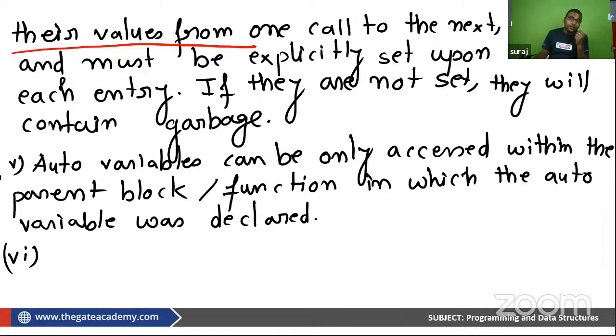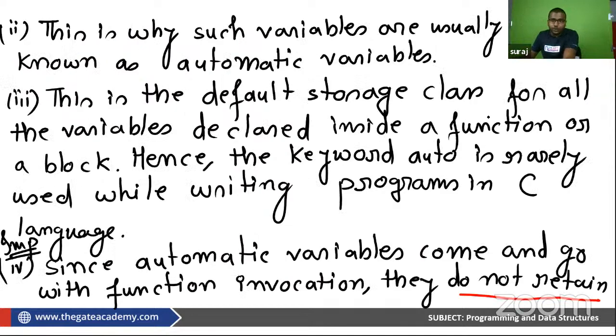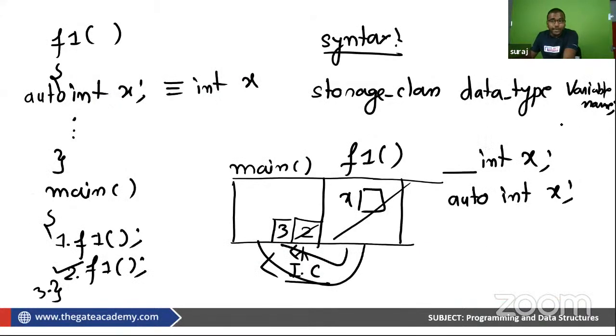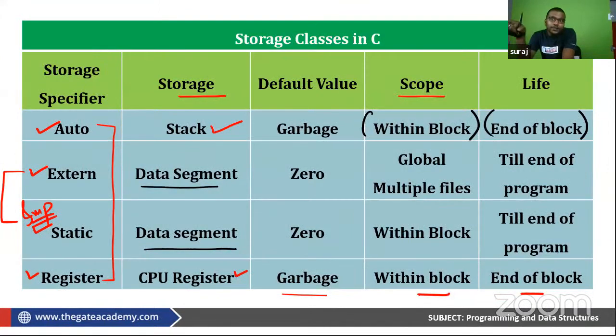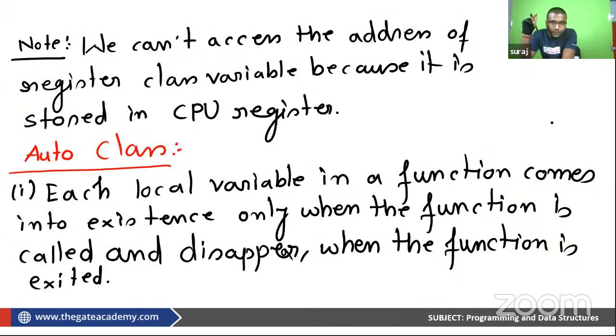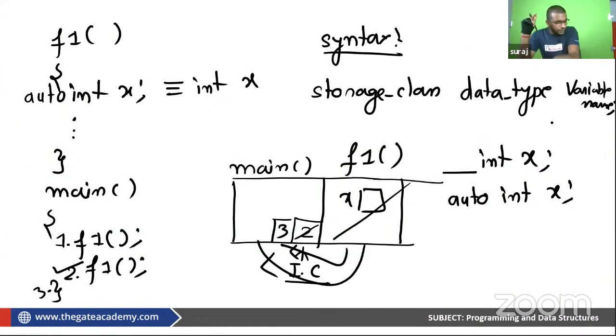Now this you have seen, that auto variable will be accessed within the block. Now I am having one question. Since its scope is within the block, can I access it outside the block? Think. Since auto variable scope is within the block, and its life ends at the end of the block, can I access it outside the scope?